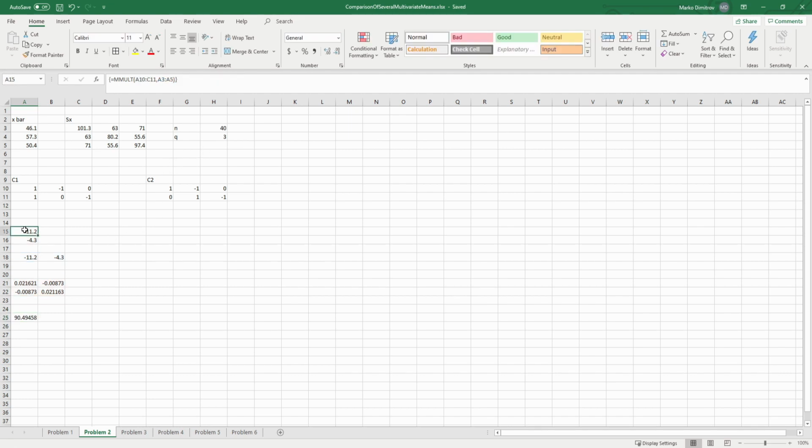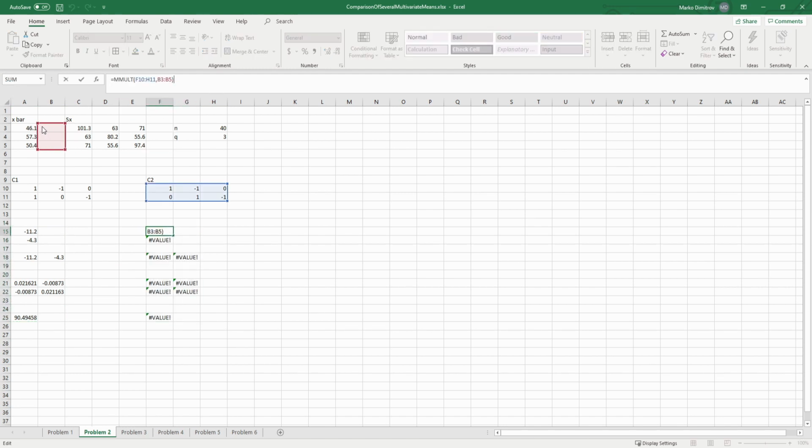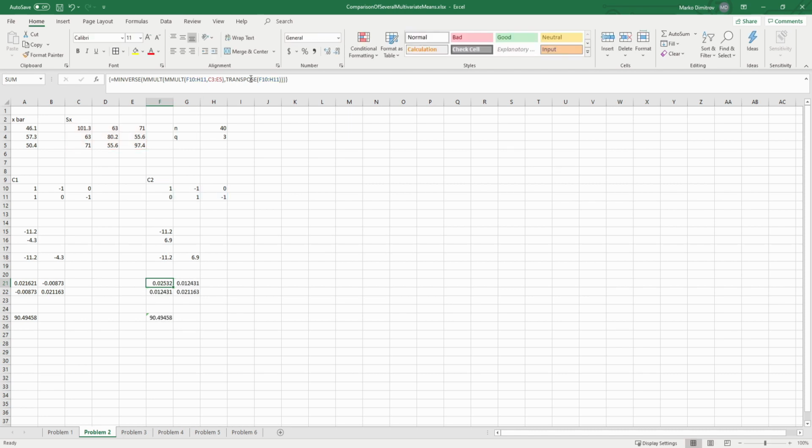Okay, let's see what happens if we do the same, but for our C2. So we just need to move a little bit of values. It's basically the same. As we can see, we got the same value using this or this method.